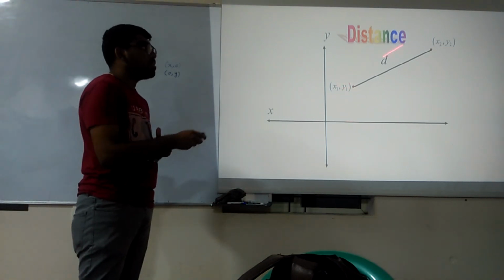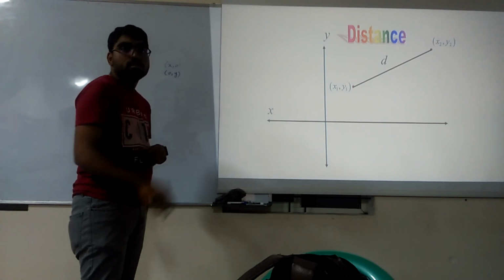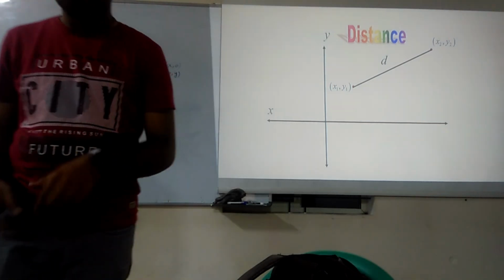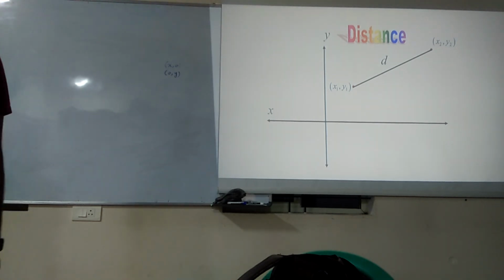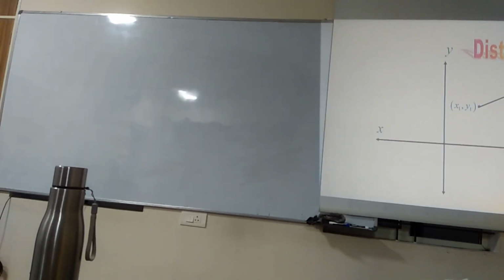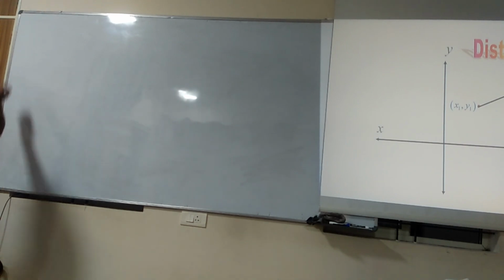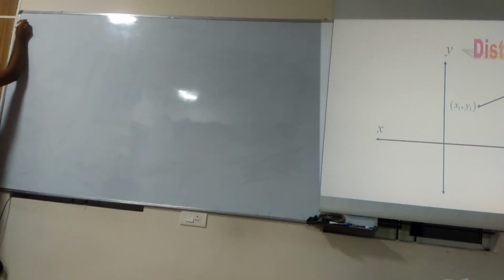Name this point as A, this point as B. So now we'll write a distance formula for this. What is the distance formula?